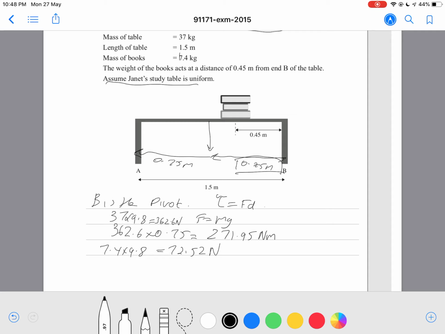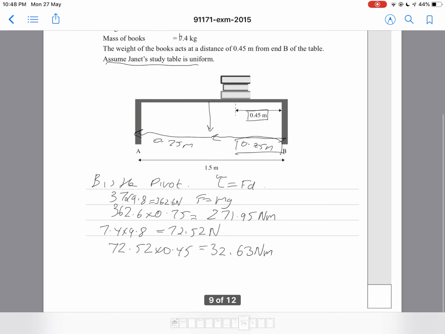And you see that the distance from support B is 0.45 meters, so 72.52 times 0.45 equals 32.63 Newton meters.